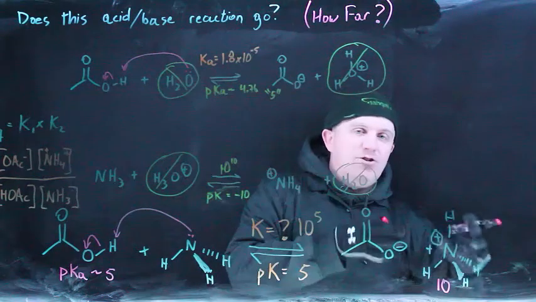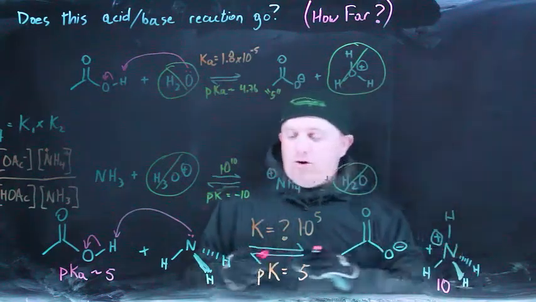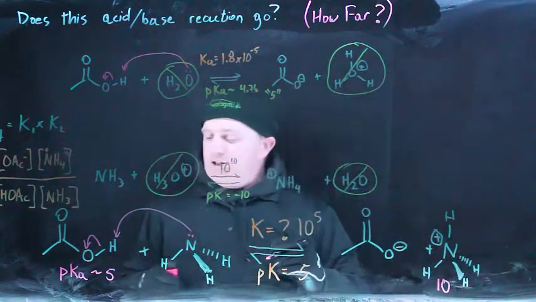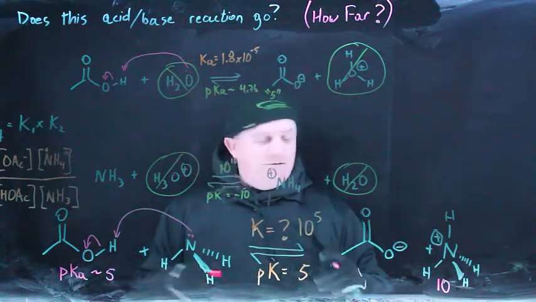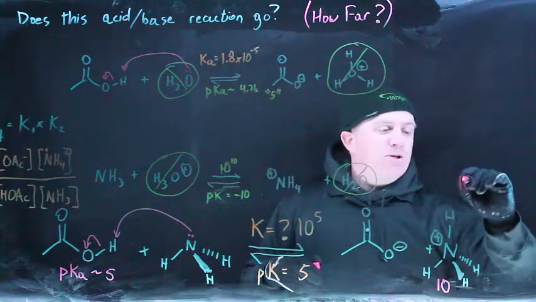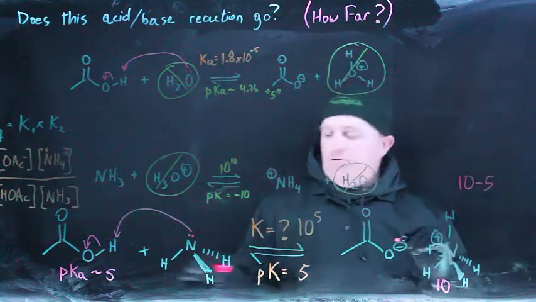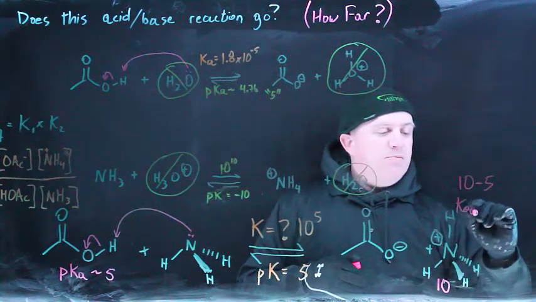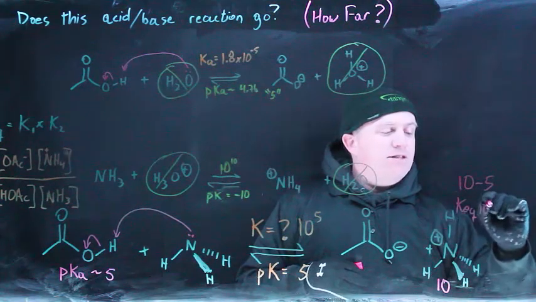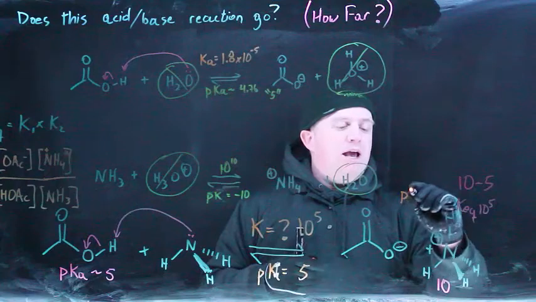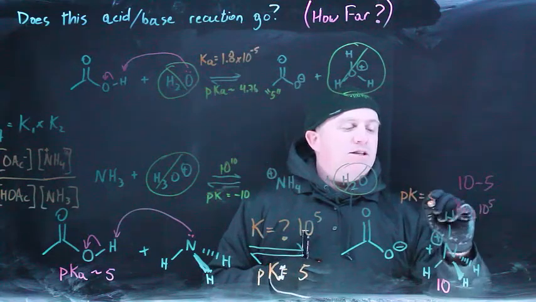A nitrogen with a plus on it in general going to nitrogen neutral is going to be a pKa of about 10. So what you see is on the reactant side we have 5, on the product side we have 10, and therefore what you do is just simply take 10 minus 5, and you recognize that therefore equilibrium for this process is going to be on the order of 10 to the 5th, or probably a better way of saying it is that pK equilibrium for this process is about 5.